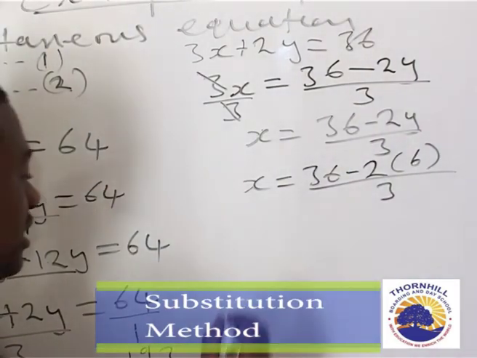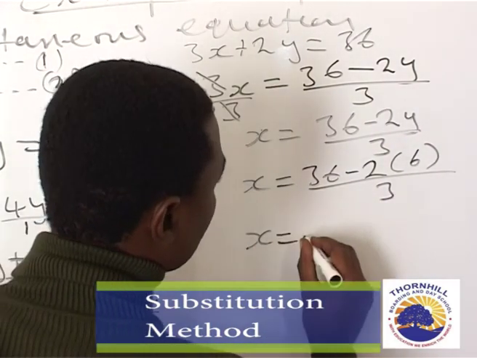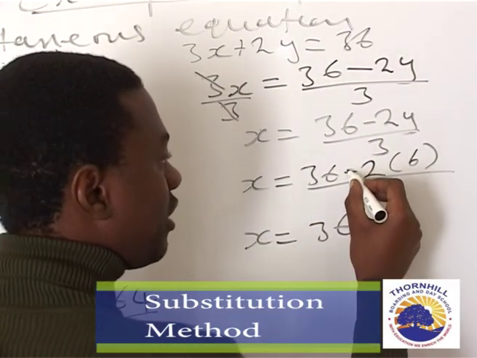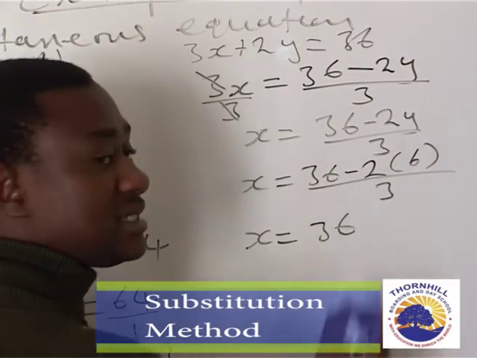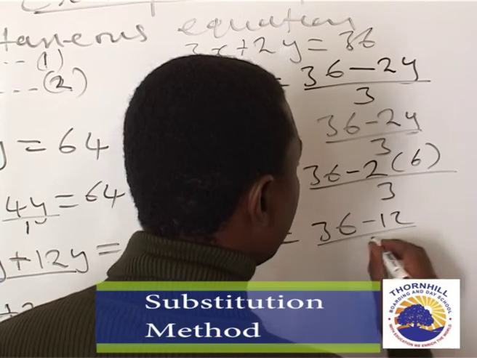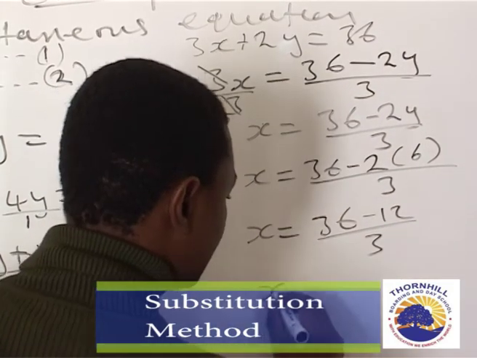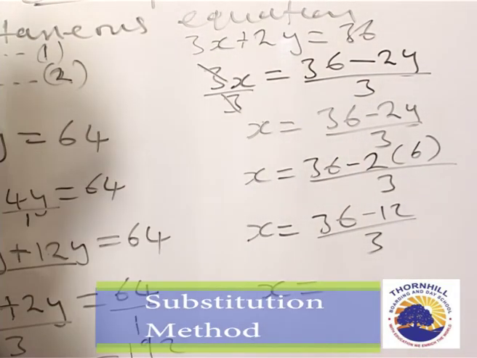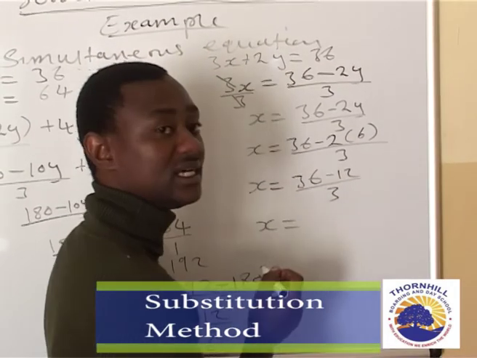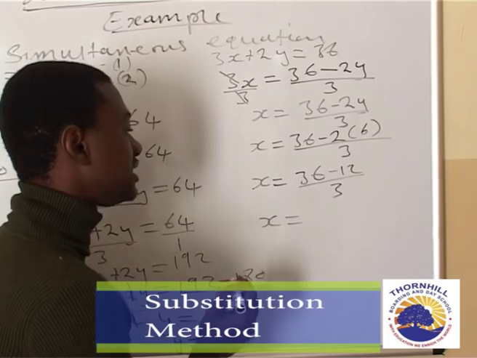Then from here, we're going to have x is equal to 36. Here when we multiply negative 2 times 6, it will give us negative 12, like that, over 3. Therefore, x is equal to, when we do the calculations, 36 minus 12, it will give us 24.